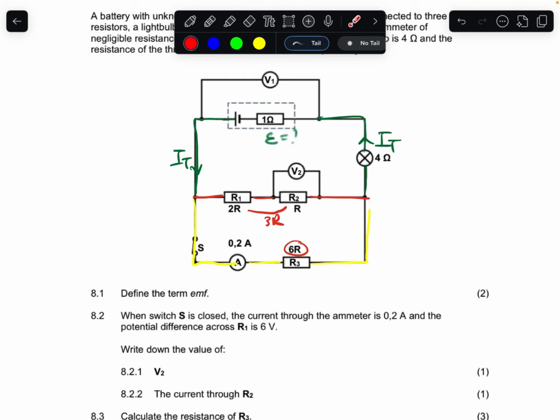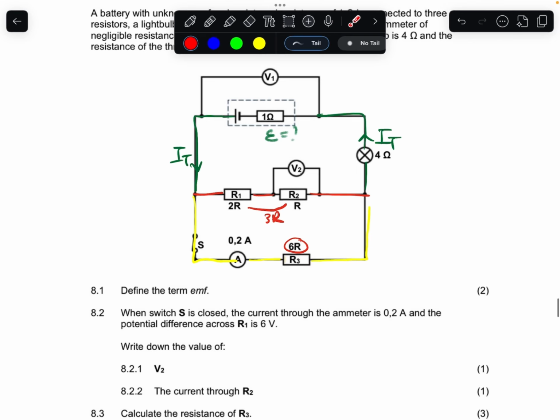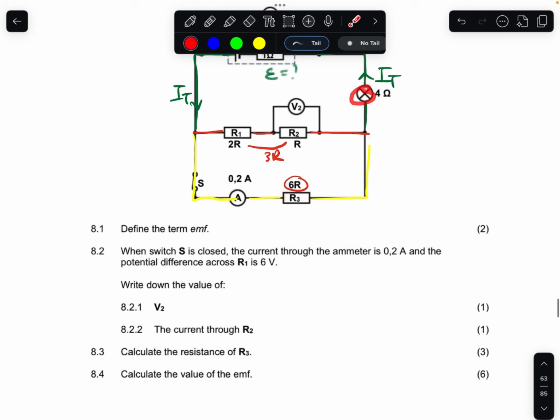I'm going to prove it by calculation. The current that passes here is double of this one, because the resistance of this is half of this one. Remember, the resistance and the current are inversely proportional, right? Very important information. And while the switch is closed, and this is a series circuit, the total current passes there.